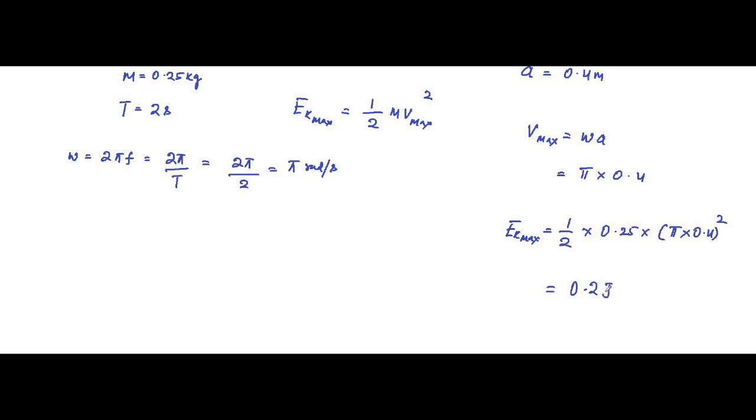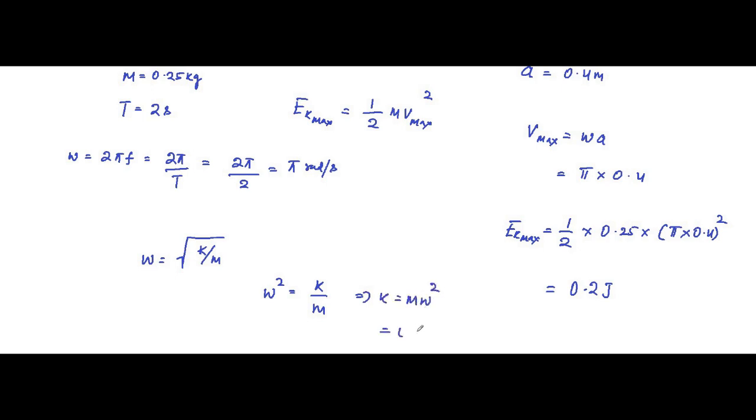Then it has also been asked to find the value of the force constant. Now we know ω is equal to the square root of k by m, the force constant and mass. That implies ω² is equal to k by m, which implies k is equal to mω².